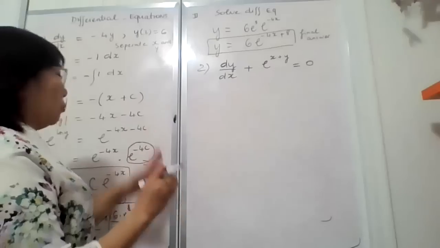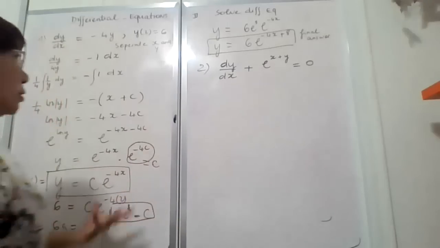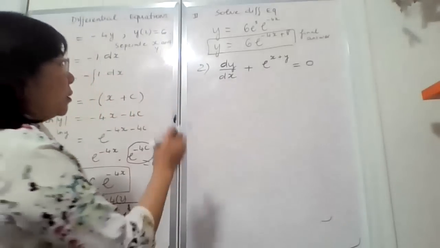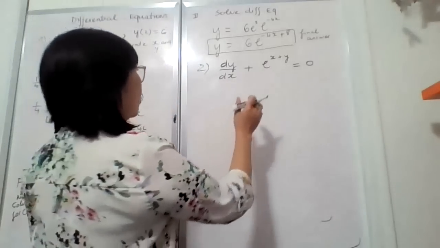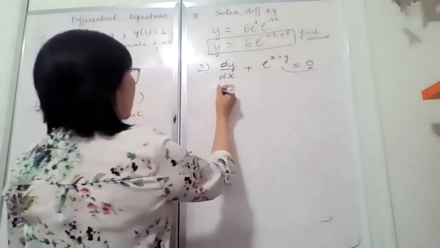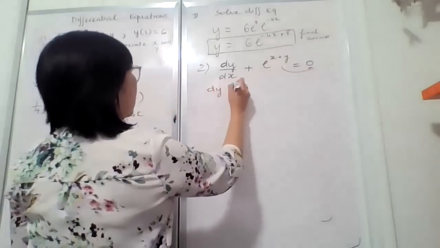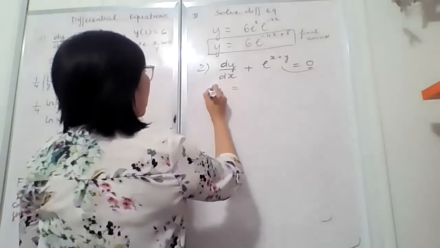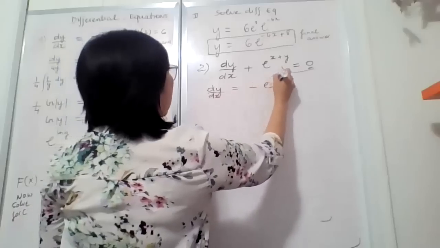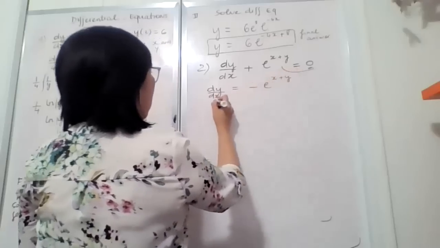So in this question, we don't have to substitute like this and so on because we're not given the information, okay? So now, how do we do this? Again, I'm going to bring this to the other side of the equation. So I will have dy over dx equal minus e to the x plus y.